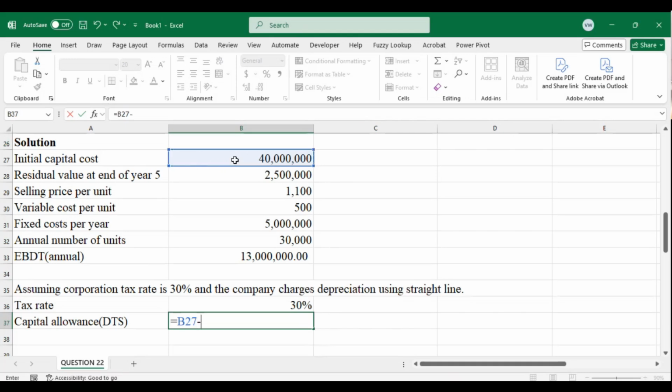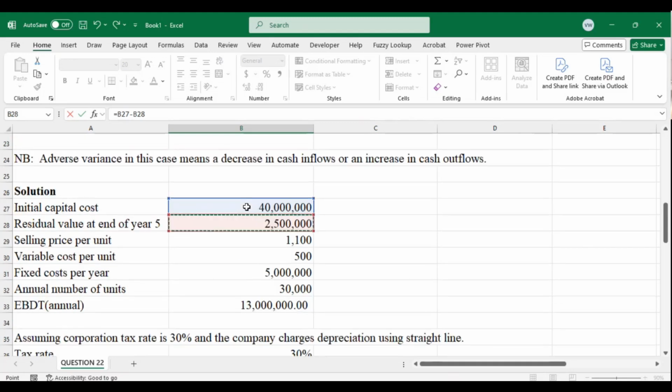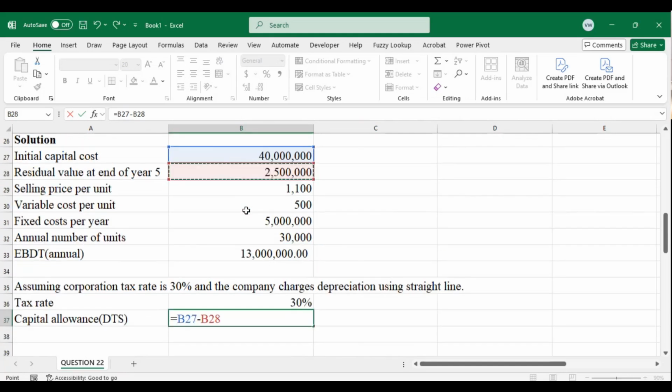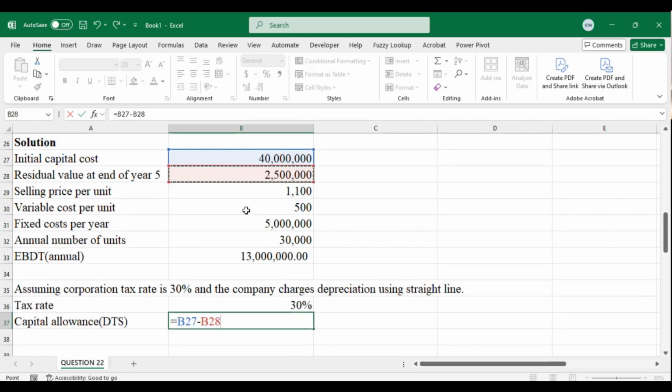We minus the residual value, and because I want to divide by the life of 5 years, let me do this. You can reference a value if you don't expect it to change.